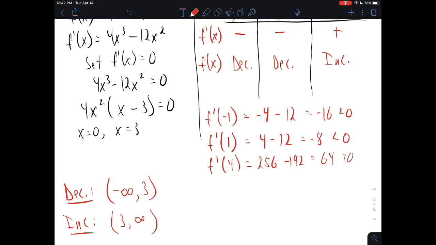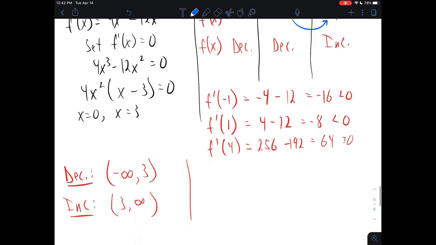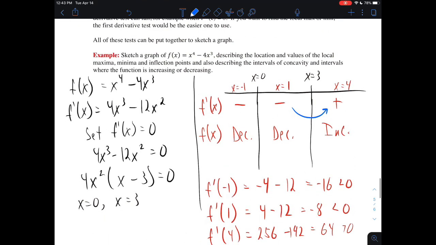And we can also state the one place where we have a change in sign in the first derivative. So f prime of x changes from negative to positive. We saw that before. When it changes from negative to positive, we get a local minimum at x equal 3.